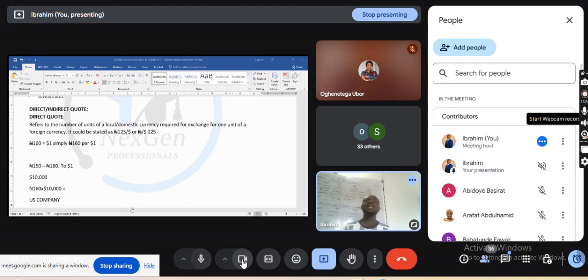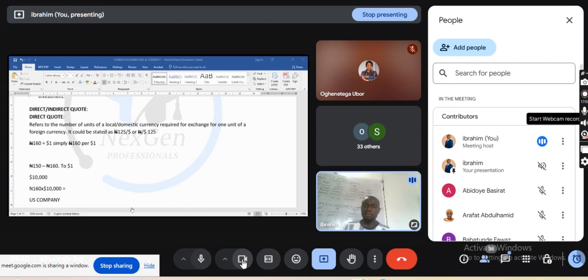The question is, how will you know if this particular spot rate is a direct quote? I'll still explain that under foreign exchange, under translation, under foreign subsidiary. Now, for a direct quote, we normally have a spot rate.